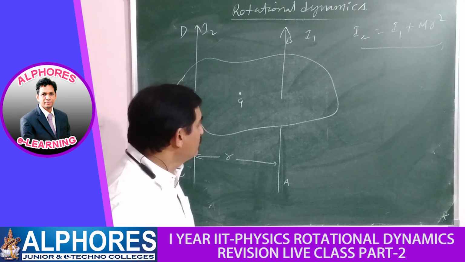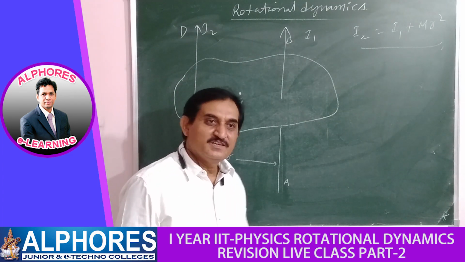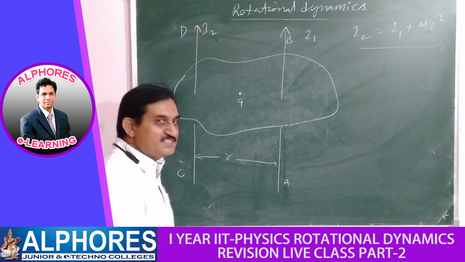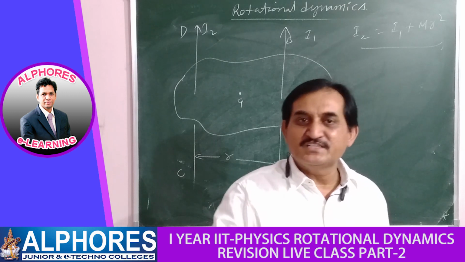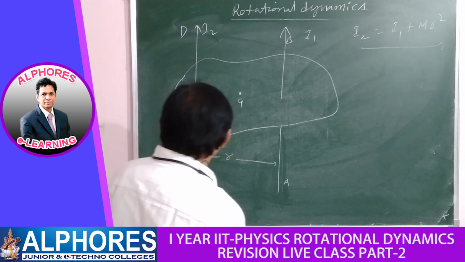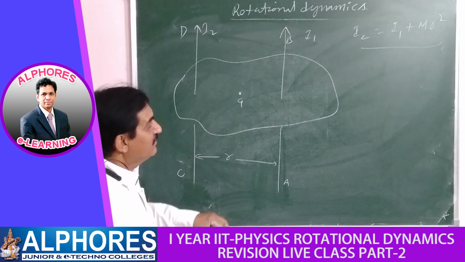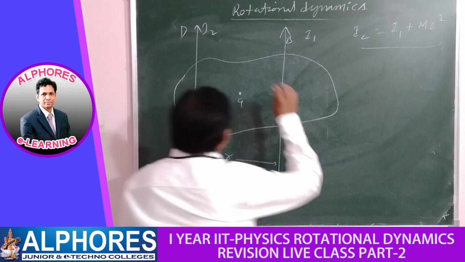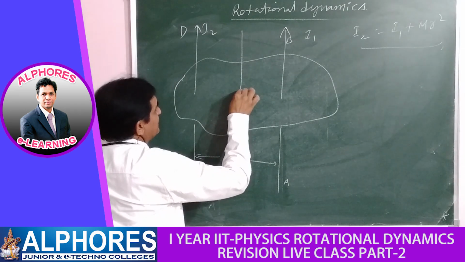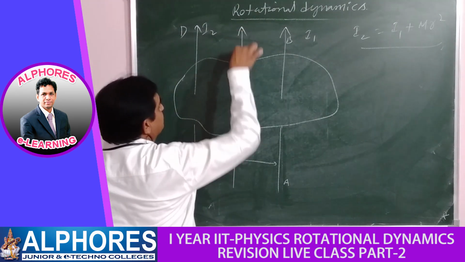So how do we solve this problem? If even a single axis is not passing through the center of gravity, what is the way to find the moment of inertia of the body about the CD axis? Let us see. First of all, imagine an axis passing through the center of gravity.